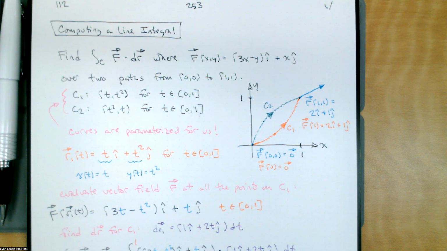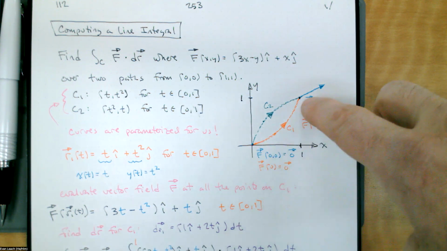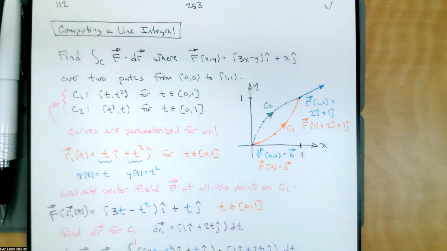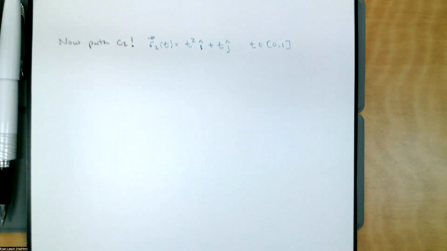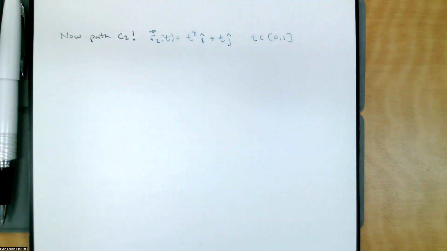The path is the same shape, but the vector field, the vectors that we're going to collect along C1 and C2, those vectors are going to look different. So one of the paths is y equals x squared. The other path is x equals y squared.